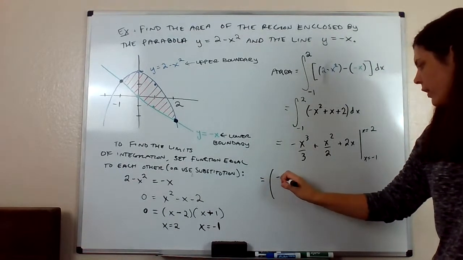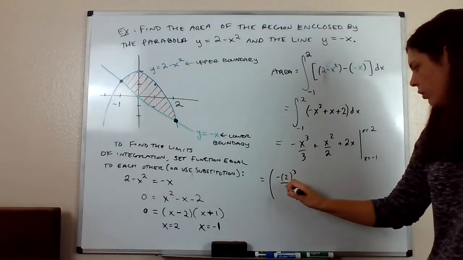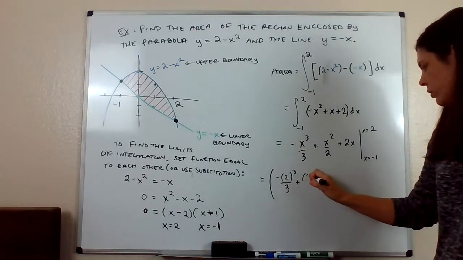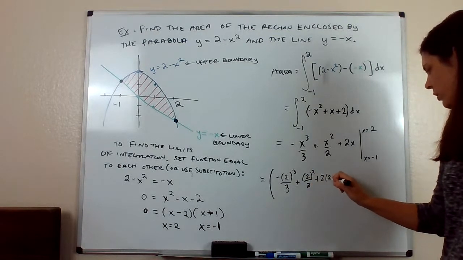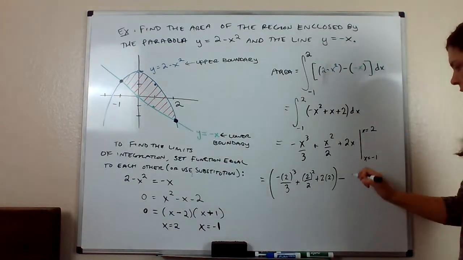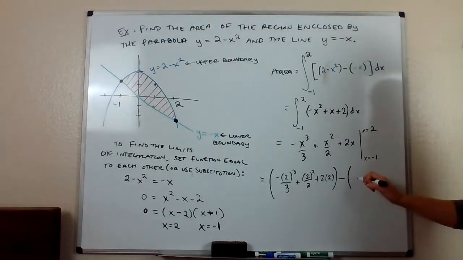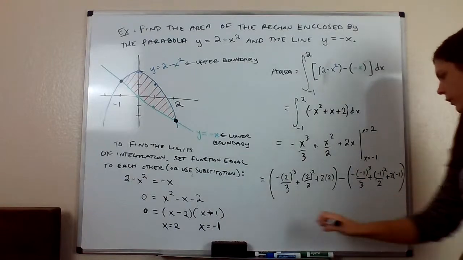So I have negative 2 cubed over 3 plus 2 squared over 2 plus 2 times 2. And then for the fundamental theorem of calculus, minus what I get when I plug in negative 1. So negative 1 cubed over 3 plus negative 1 squared over 2 plus 2 times negative 1.